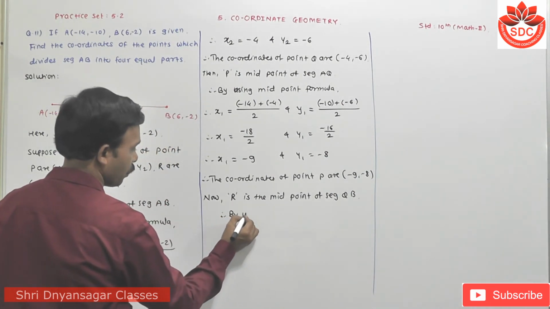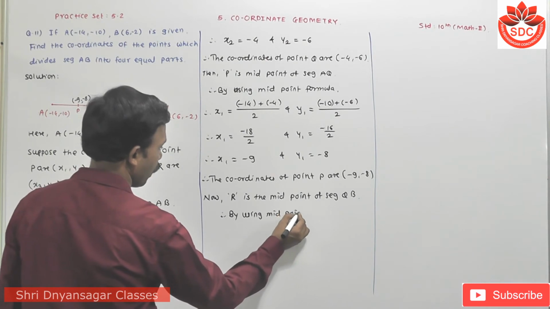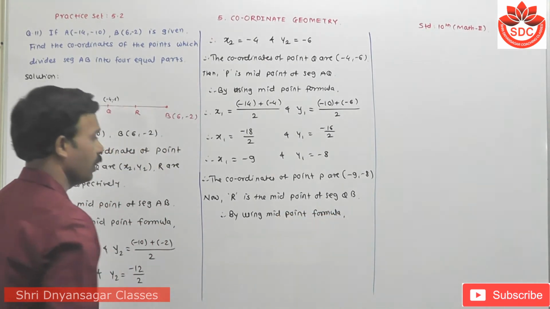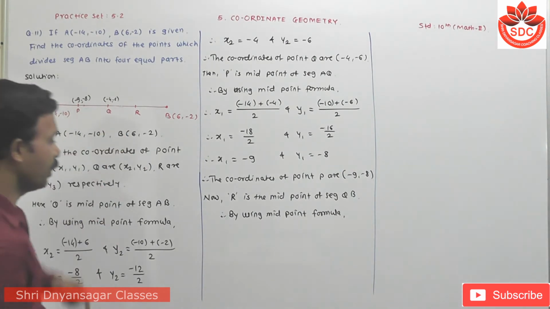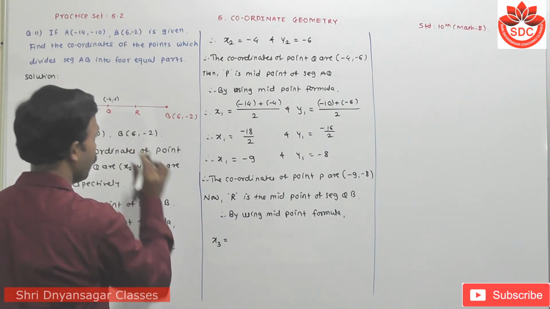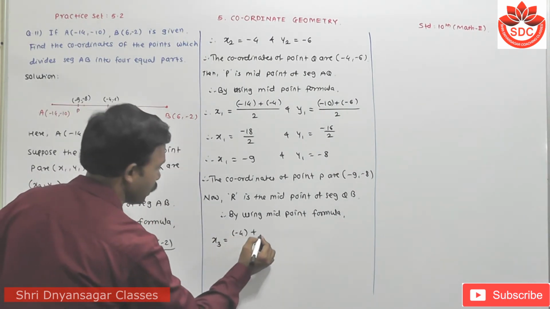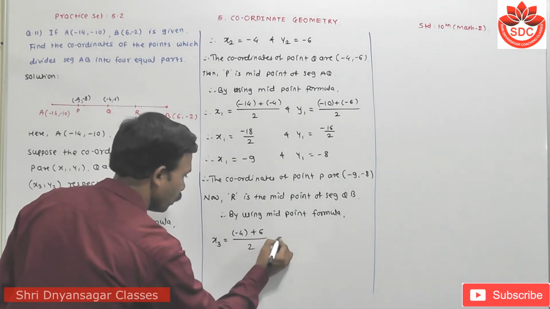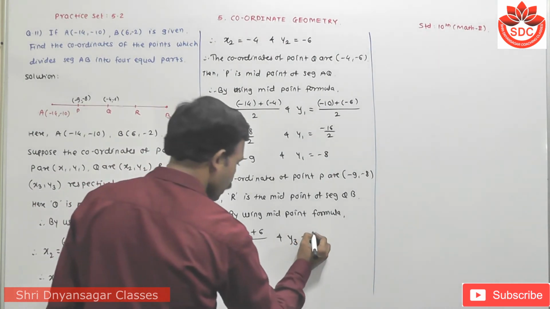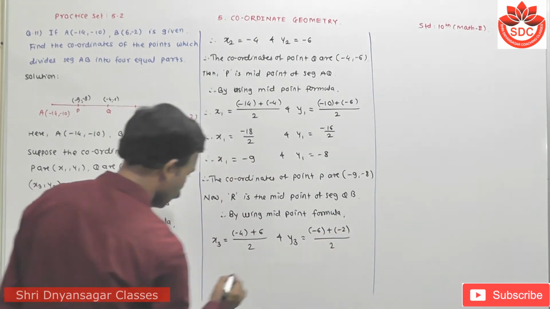Therefore, by using the midpoint formula, we find the point R. Taking the coordinates as (x3, y3), x3 is equal to (-4 plus 6) upon 2 and y3 is equal to (-6 plus -2) upon 2.